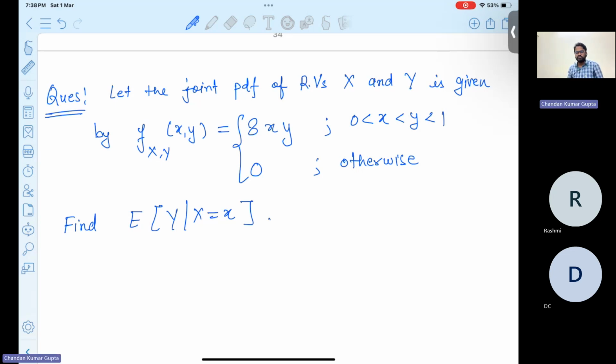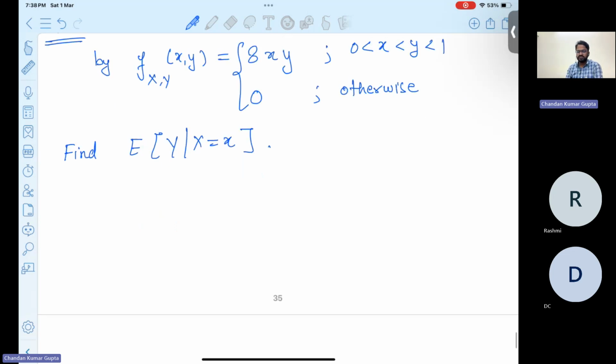Since we need to find the conditional expectation, and the expected value is defined as the integral of x times f(x), our aim is to first calculate the conditional distribution. Once we have the conditional distribution, we can solve for the expected value.